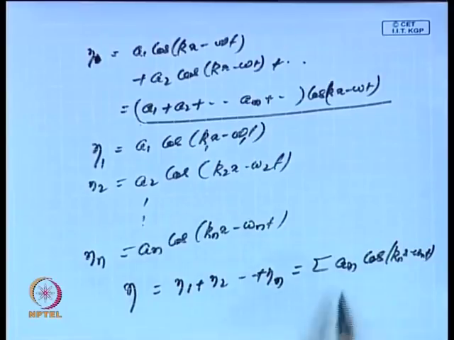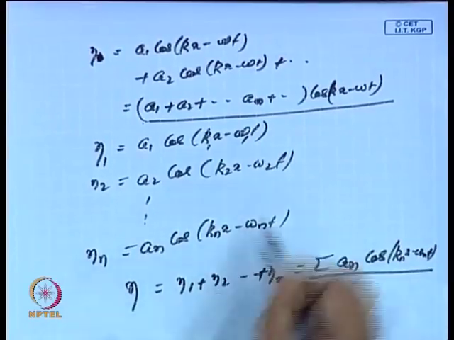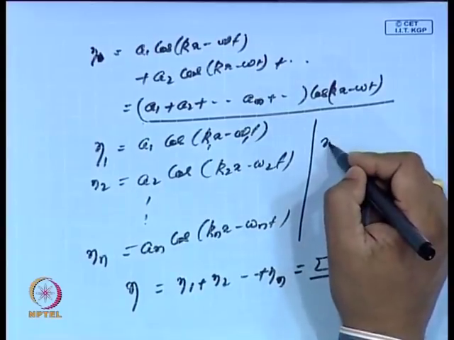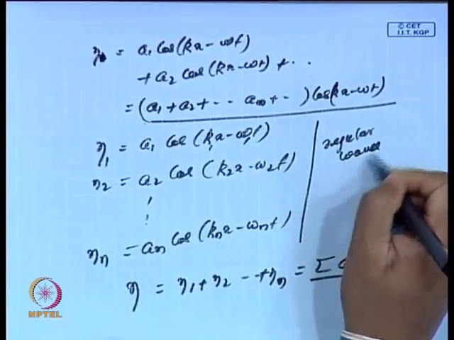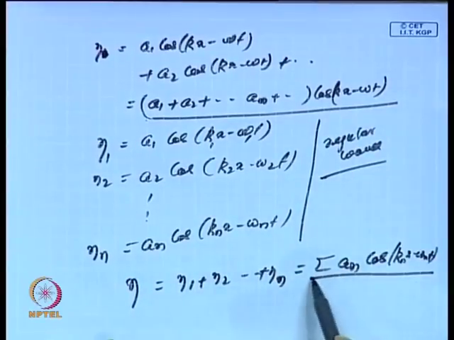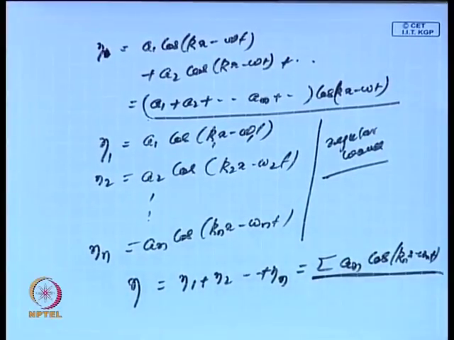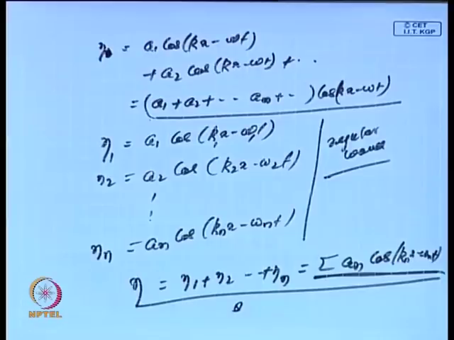Although these waves are all regular waves, the pattern of the sea surface when we combine them need not look regular, because the combination of these waves will give a very irregular pattern.